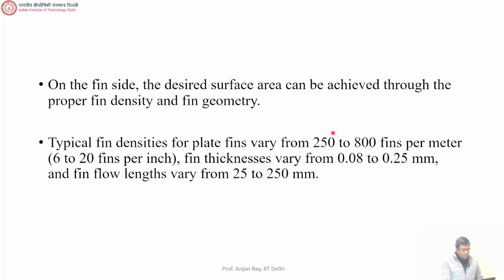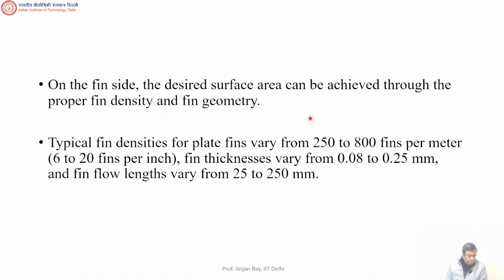Now on the gas side, we have fins, and we want some amount of surface area, so we get that much surface area by including an adequate number of fins. So proper fin density and fin geometry.